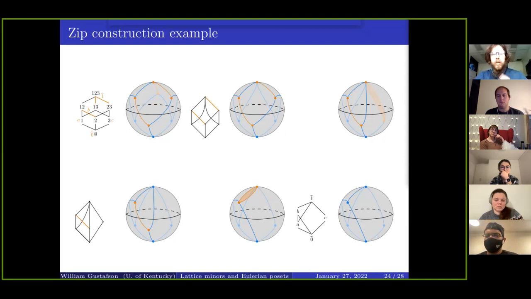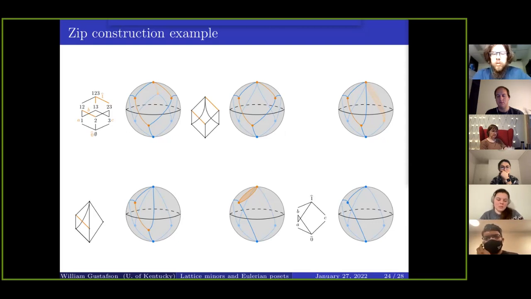In the next step, we identify the 2 elements along that top bolded edge, and we get the lattice in the bottom left. On the complex, we contract the corresponding edge to get the complex in the top right. And then you'll see this triangle along the back and the top middle complex is turned into a 2-gon.